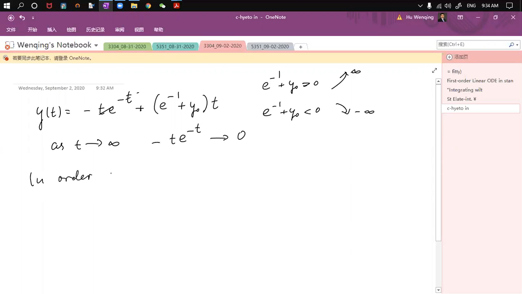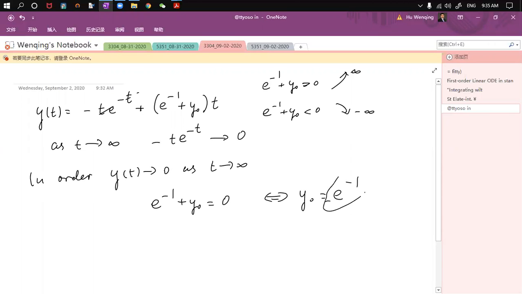In order that y of t goes to 0 as t goes to infinity, we just want e power minus 1 plus y0 to be 0, since this coefficient multiplies the only remaining term. That gives you the solution y0 is minus e power minus 1.